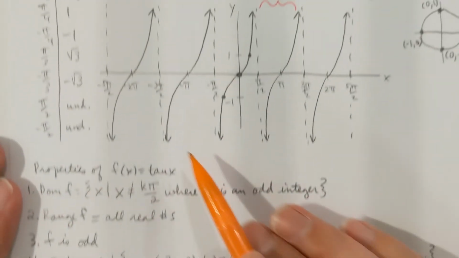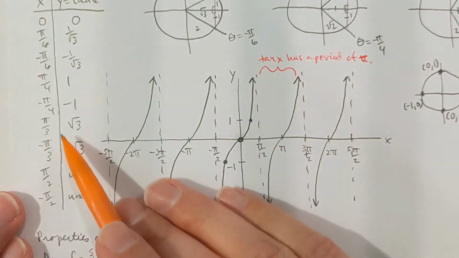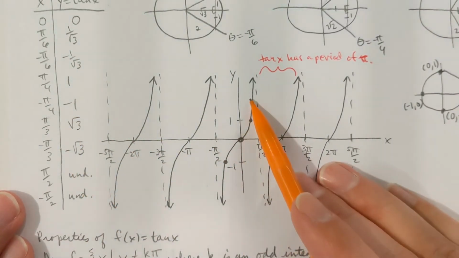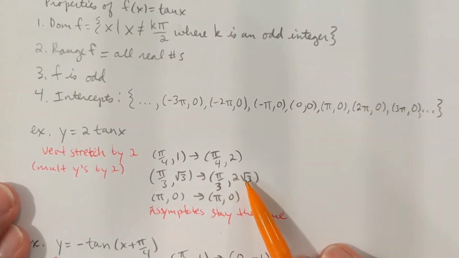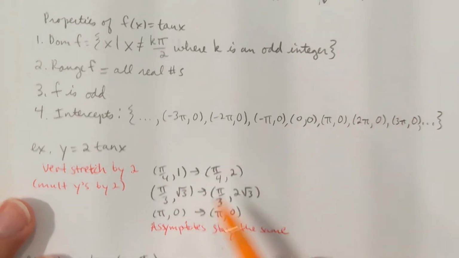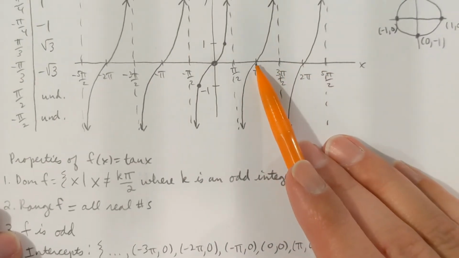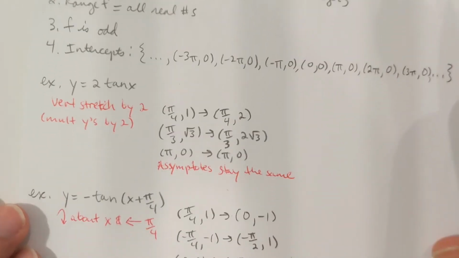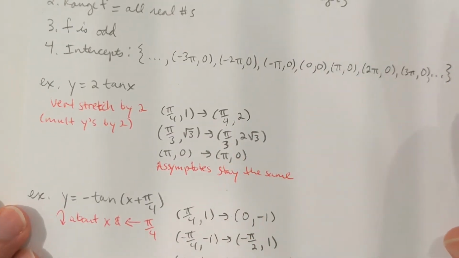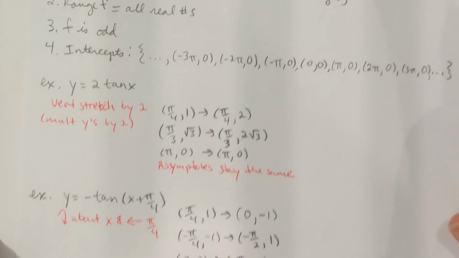(Pi over 3, root 3) was another point that I had plotted earlier. Multiply the y value by 2, and so that point is now going to be at (pi over 3, 2 root 3). (Pi, 0) is just going to stay right at (pi, 0) since 0 times anything is 0. The asymptotes are also going to stay the same, by the way, on that new graph.